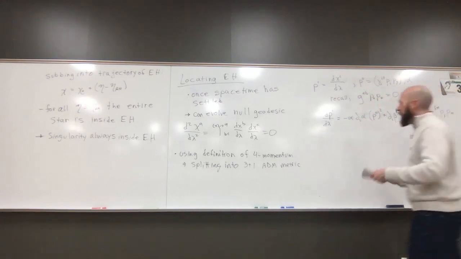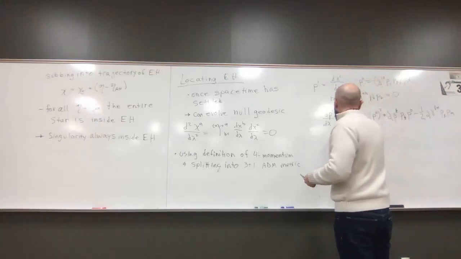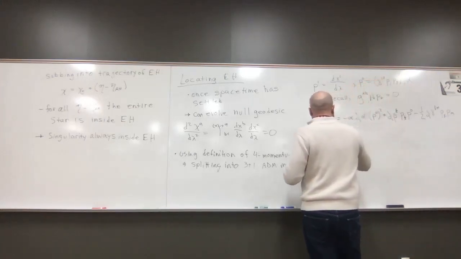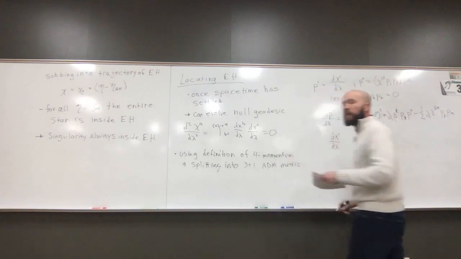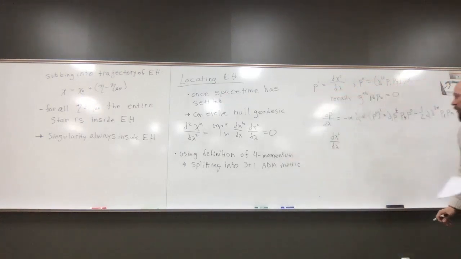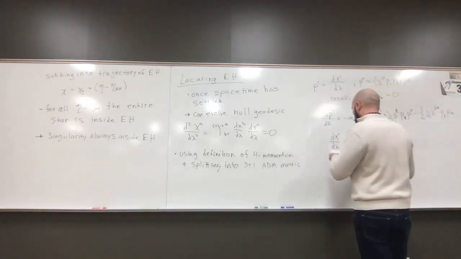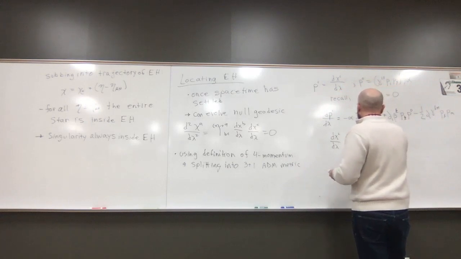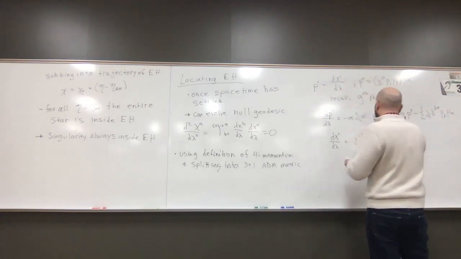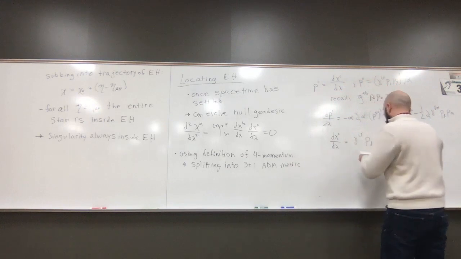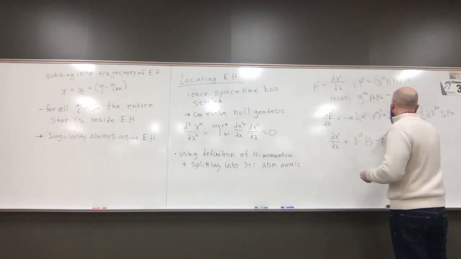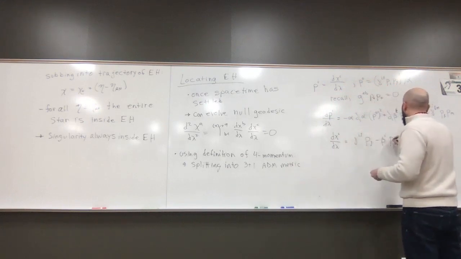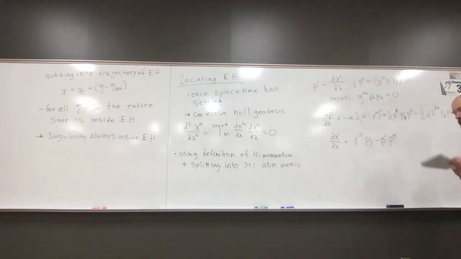That's one of them. And then my second equation, dx^i/dλ, telling me how my spatial coordinates connect to my affine parameter along the trajectory, is gamma^ij p_j minus beta^i, the shift vector, times p^0, the time component of the 4-momentum.